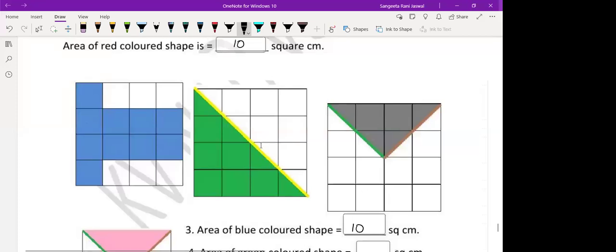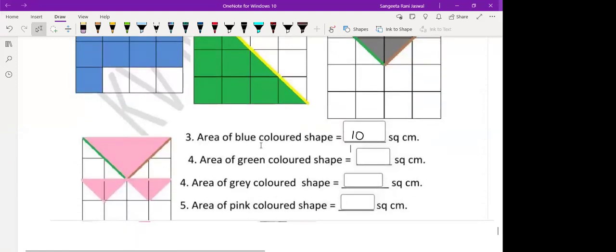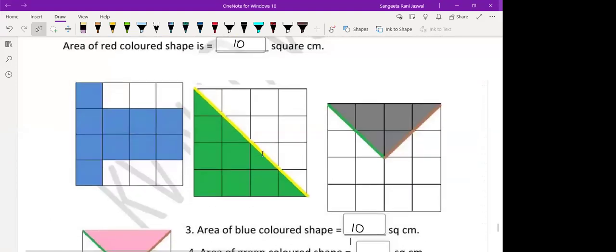Now Harshit will tell me, what is the area of the green colored shape? Ma'am, 8. See now, this is half colored, no? This green part is half colored. So half and half will become 1. There are 4 halves, so they will become 2 squares.